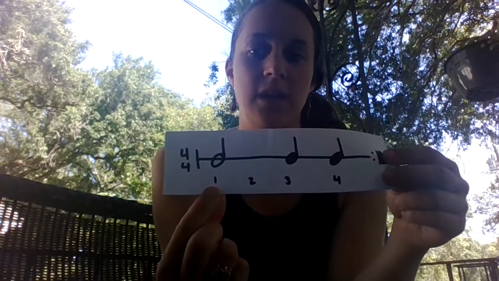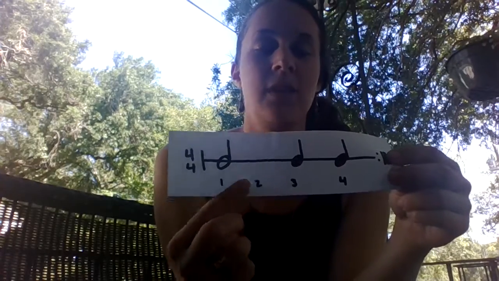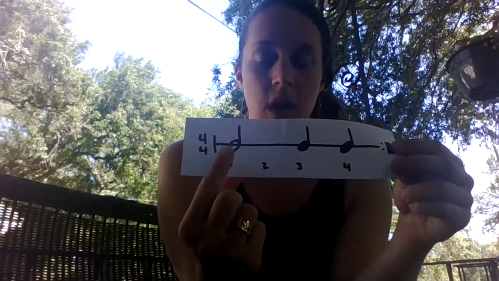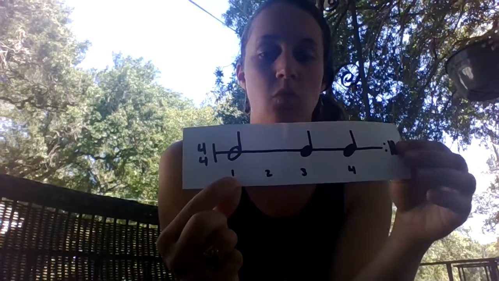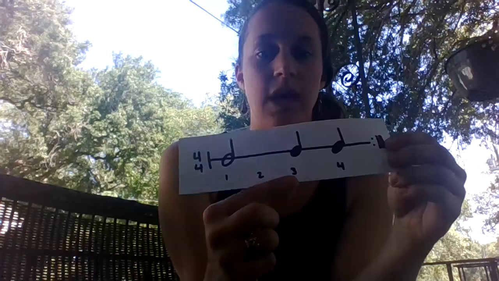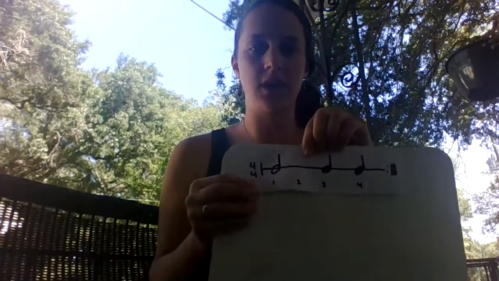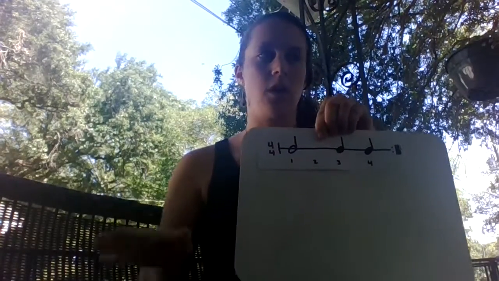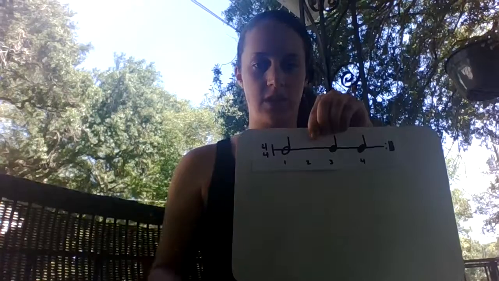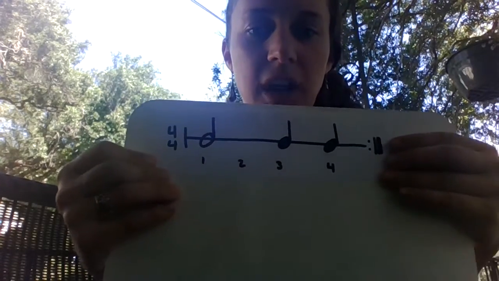There's beat 1 plus another, you have 2 beats. So these are going to be 1, 2. I'm only going to clap on the number 1, and then I also clap on 3 and 4. So the way that will look is 1, 2, 3, 4, 1, 2, 3, 4.